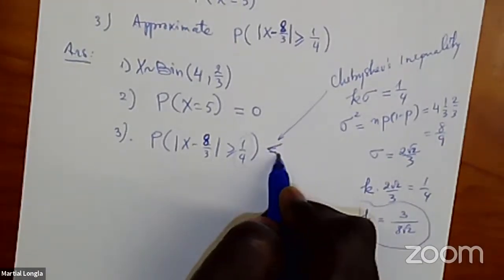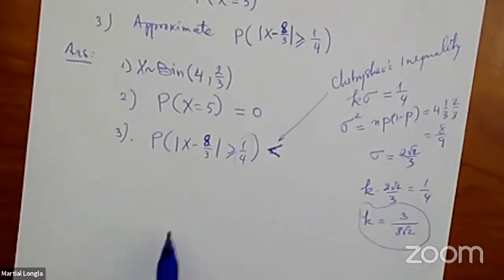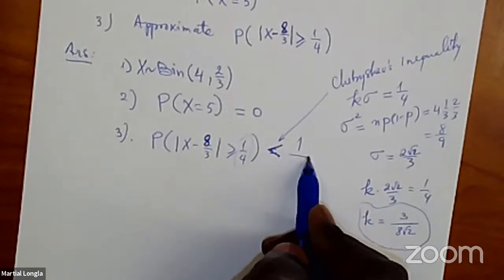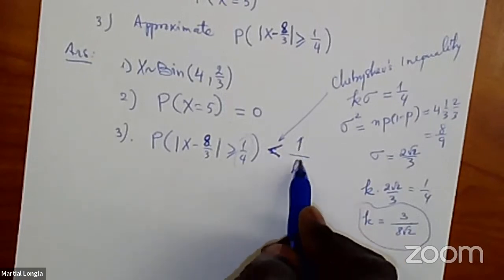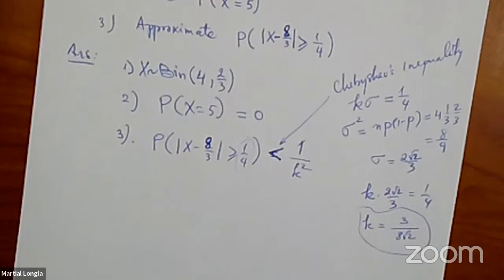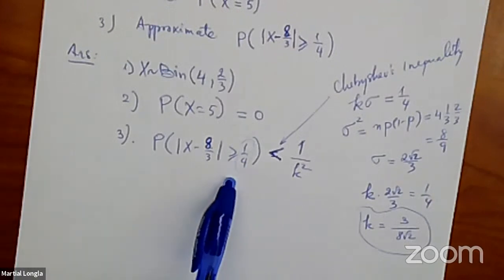And that's going to tell you that this probability is less than or equal to 1/k squared. And in this specific case, it is useless, because that's too small a number.